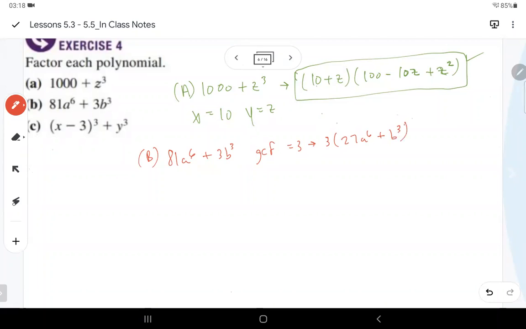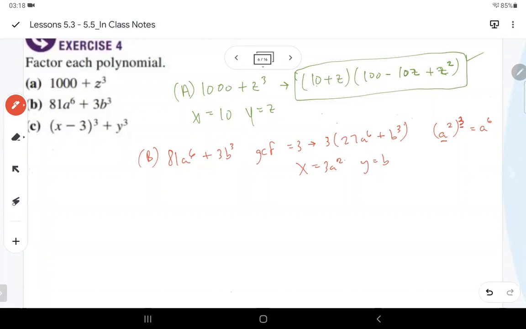So then that's going to give us an x equal to 3a squared and a y equal to b. How we get the x here: the cube root of 27 is 3. How we get a squared is, remember, when we take a power to a power, we multiply. So that would be a to the 6th. So we need to figure out the perfect cube. That's going to be a squared.